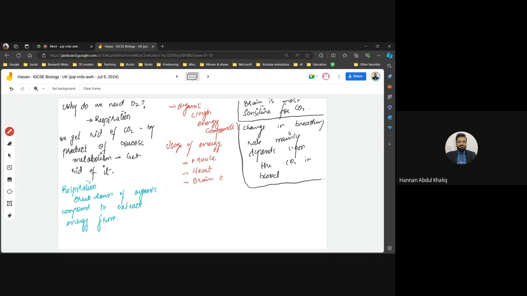Brain activity. Similarly, you can say active transport, which happens in many parts of our body. Active transport, anything that you can relate it to. So that is the protein synthesis. A very important point. Protein synthesis can never happen without the ATP, without the energy.